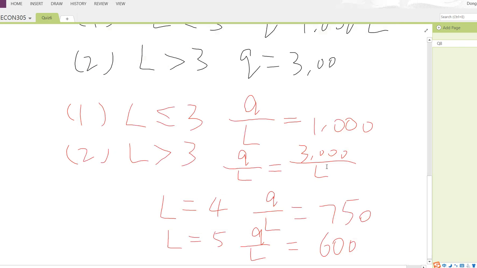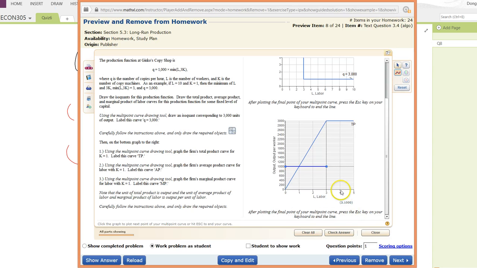And when L is above 3, as we calculated, it should be a curve, in this case 3000 divided by L. When L equals 4, on this curve, the vertical quantity is 750, that's about here, yeah.